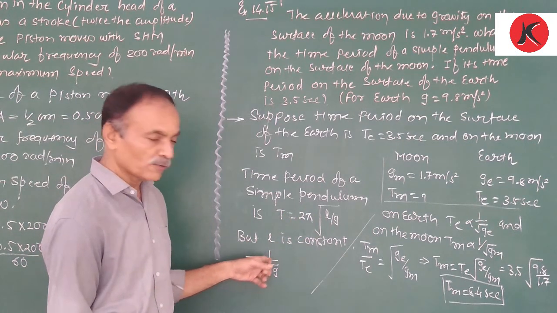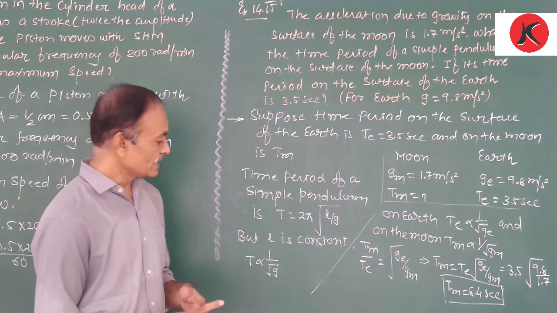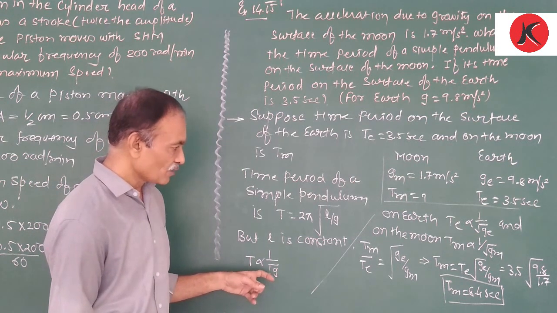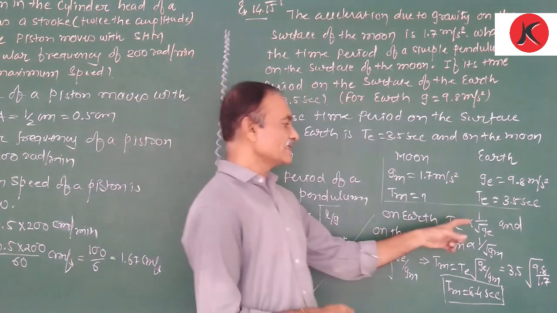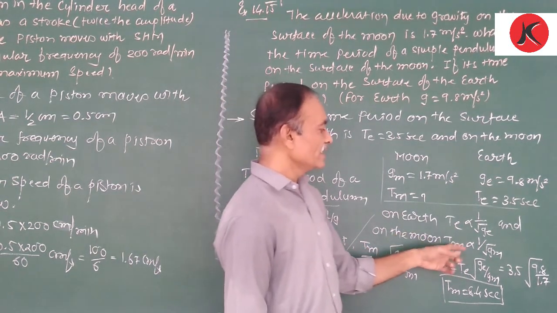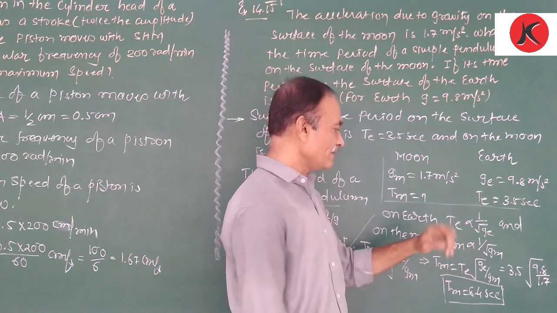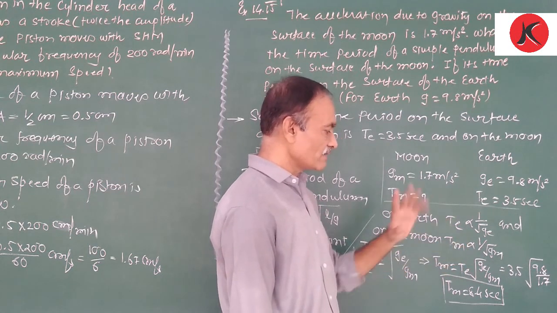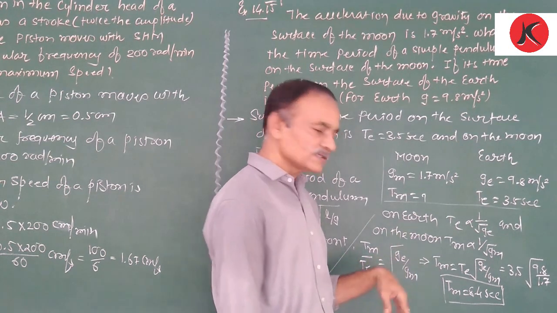Therefore, T is proportional to 1 upon under root of G. So on the earth, TE is proportional to 1 upon under root of G, and on the moon, TM is proportional to 1 upon under root of G. We require TM, therefore taking the ratio of these two equations, TM upon TE is equal to under root of GE upon GM.